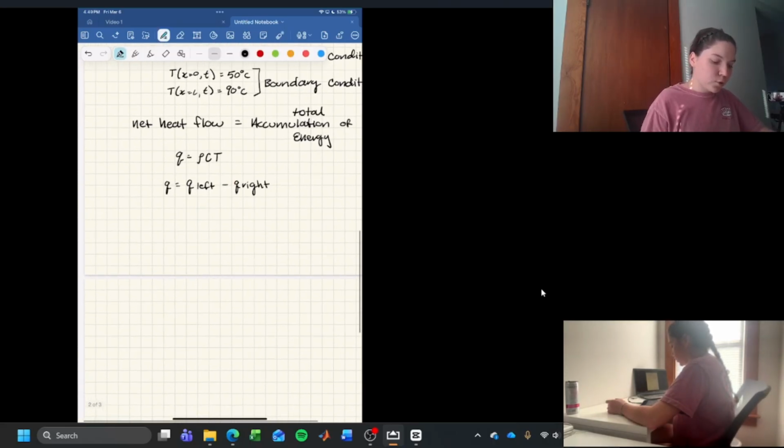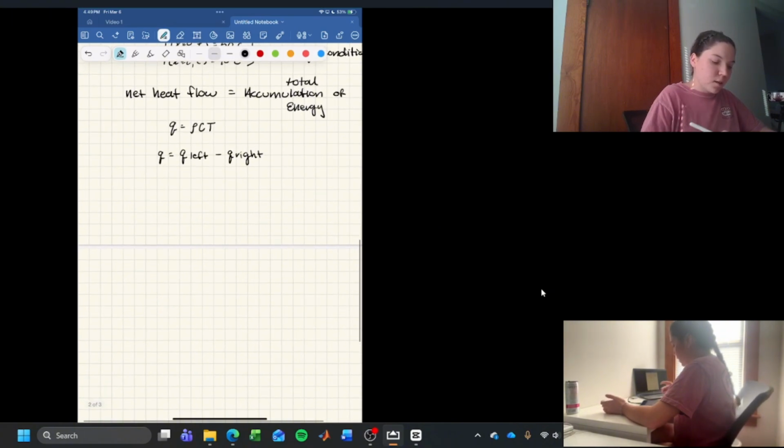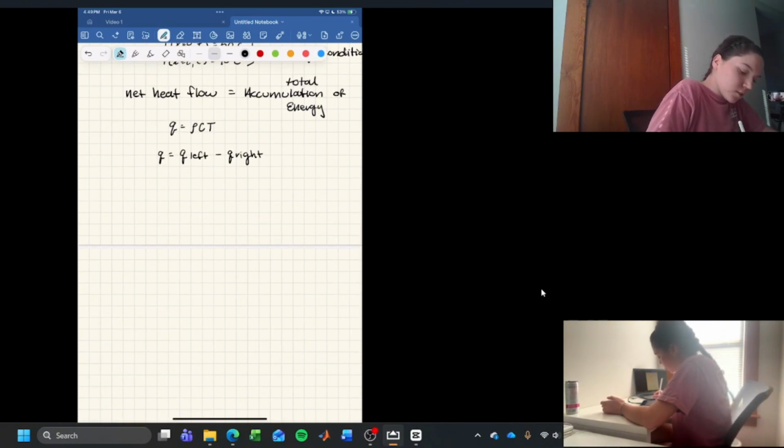And then if we remember from the last video that Fourier's law is Q equal to the negative thermal conductivity times area times the change in temperature over the change in position. And we can evaluate this from the left and the right.